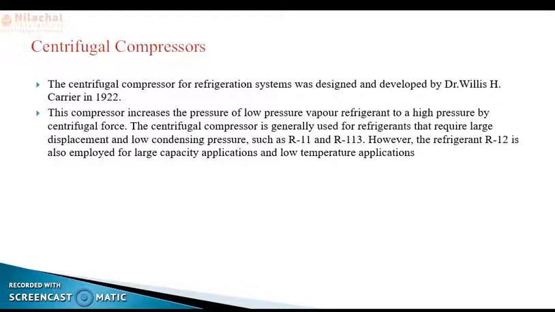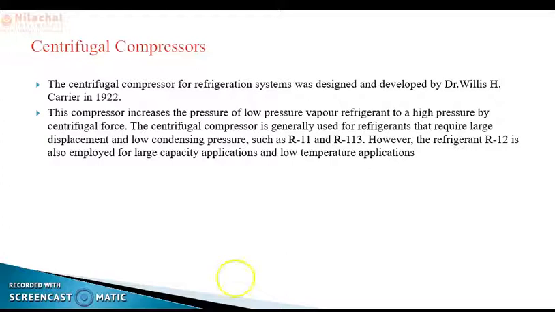This compressor increases the low pressure vapor refrigerant to high pressure vapor refrigerant by the help of centrifugal force. It uses refrigerants which require large displacement and low condensing pressure, such as R11 and R113. However, refrigerant R12 is also used for large capacity and low temperature applications.